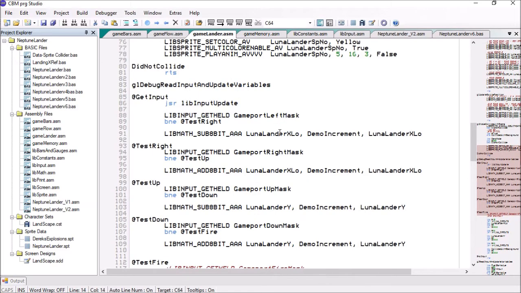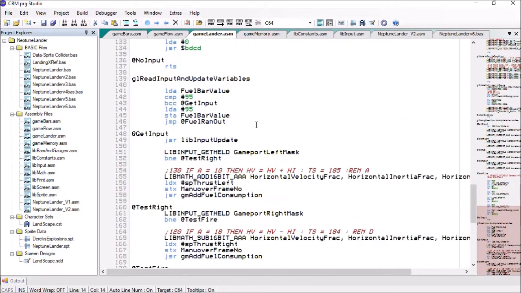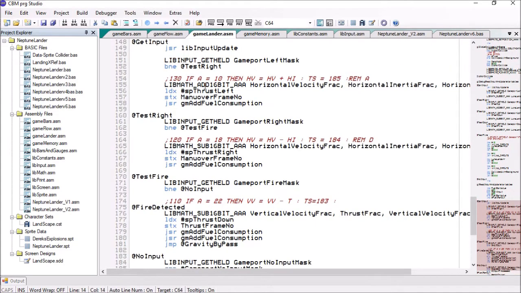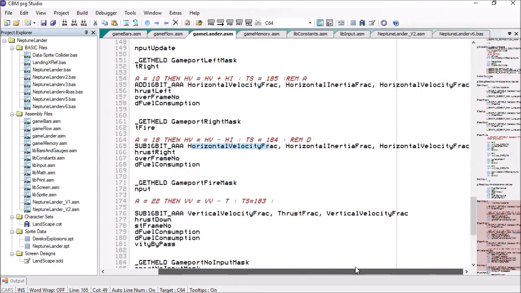So this is the proper one, and what we're doing is a 16-bit add and subtract on the horizontal, where the 16-bit includes the fraction, so the horizontal inertia fraction to horizontal velocity fraction. So yeah, it's only doing the 16-bit.